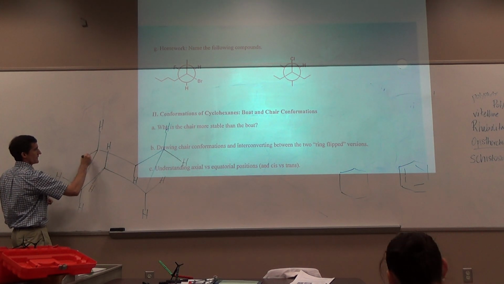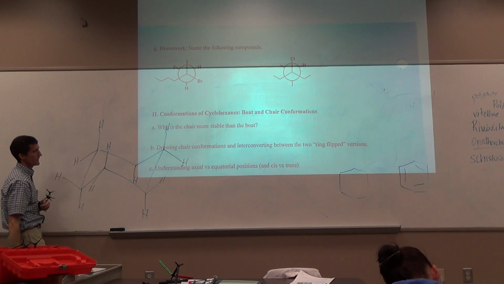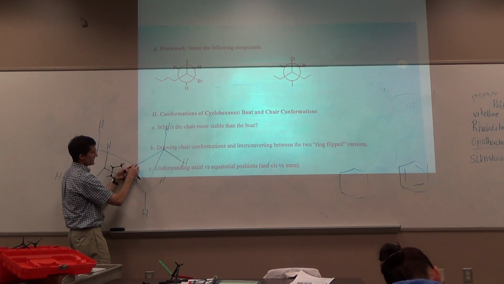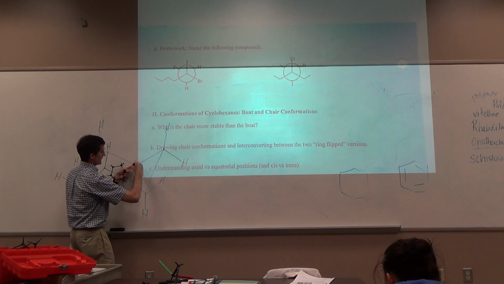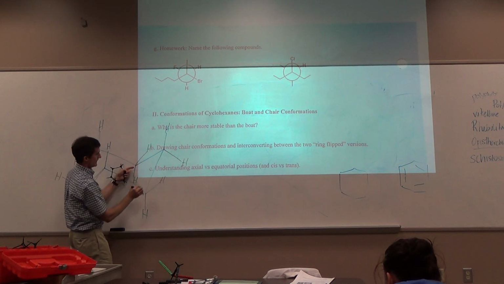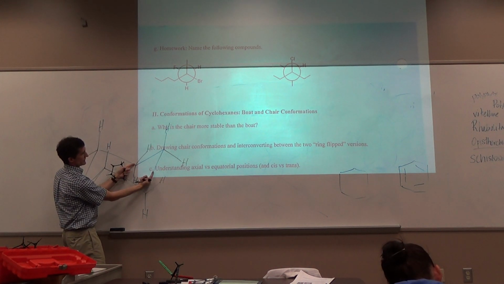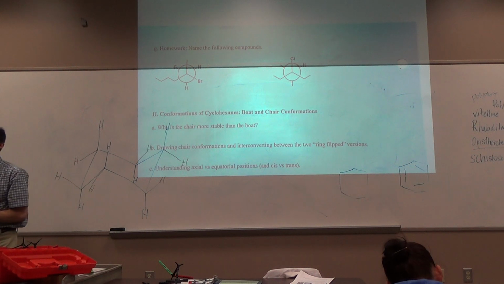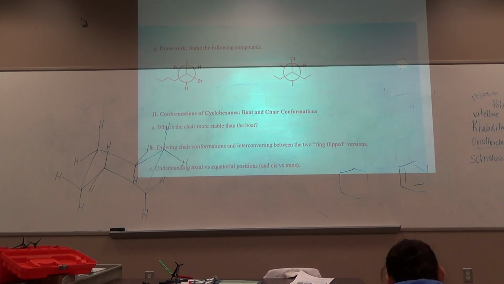So it's like this. The H here is not parallel to that one, but that one. These are supposed to be parallel there. There are all of your H's drawn in. The important thing now is, can you draw your axial versus your equatorial?